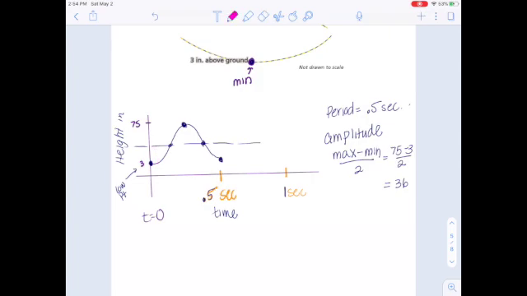So let me erase a little bit of this. Midline would be at y is equal to your 36 plus your 3, which would be 39. Okay, and let's take a look.